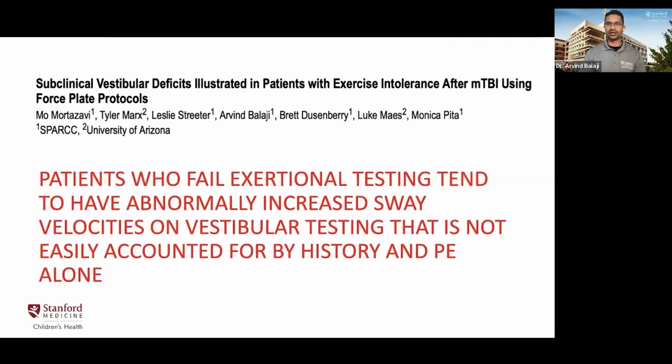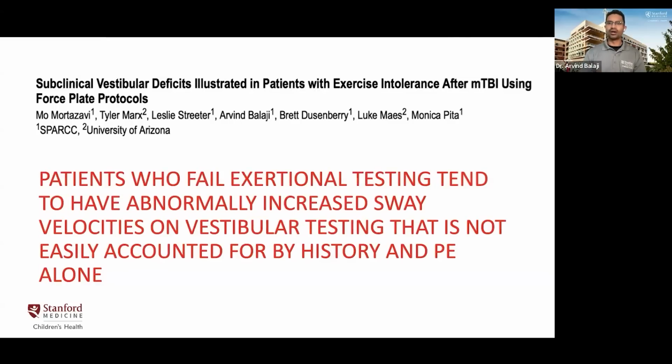In this pilot abstract, patients came in to see us, and we exposed them to exercise and monitored their balance using computerized force plates before and after their activity.